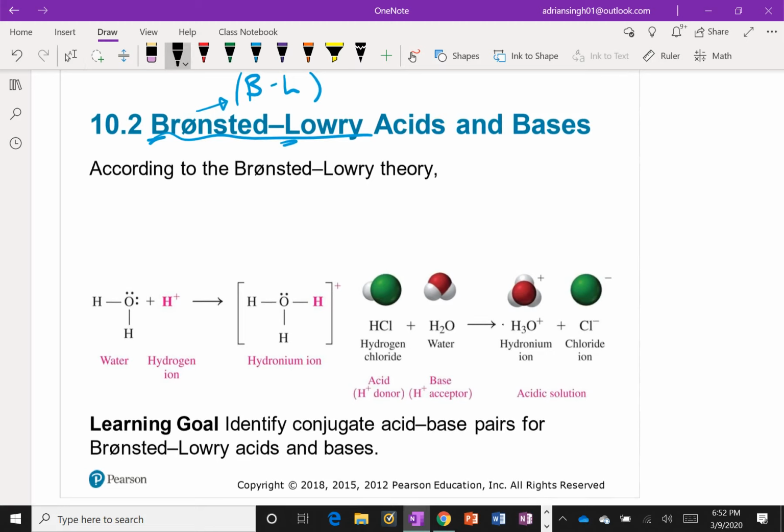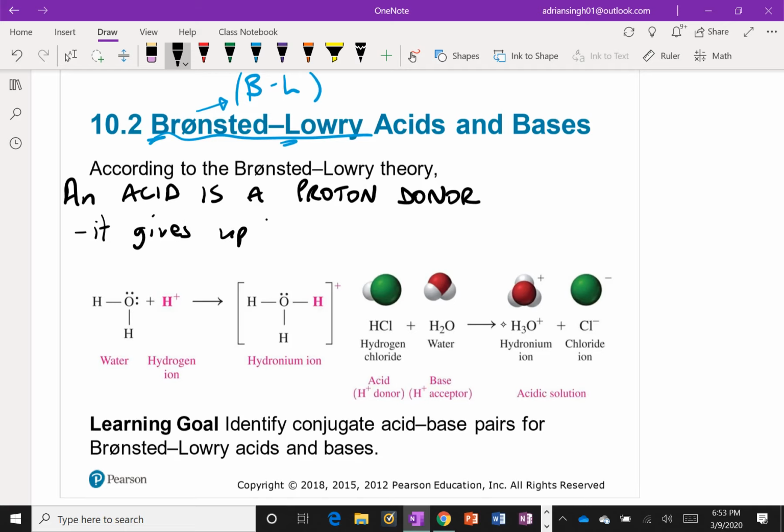So, according to the Bronsted Lowry theory, an acid is a proton donor. In other words, it gives up or loses protons. Well, what's a proton?